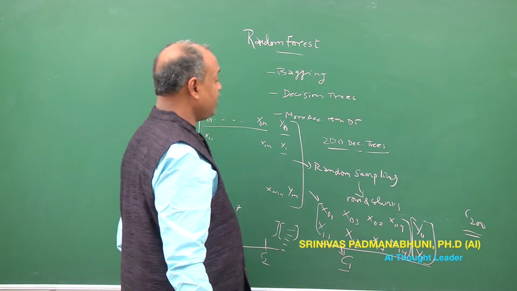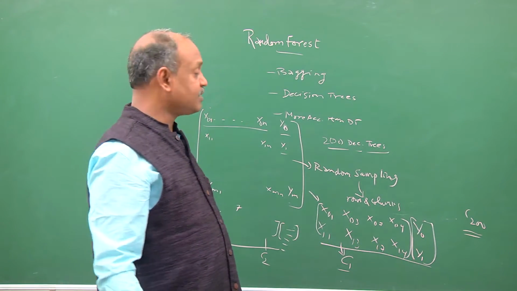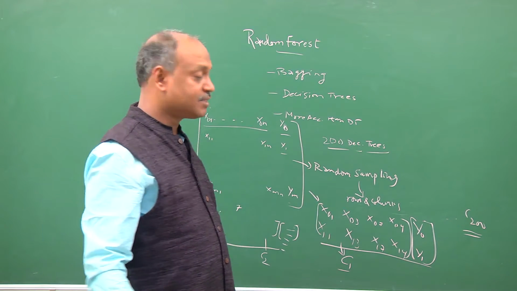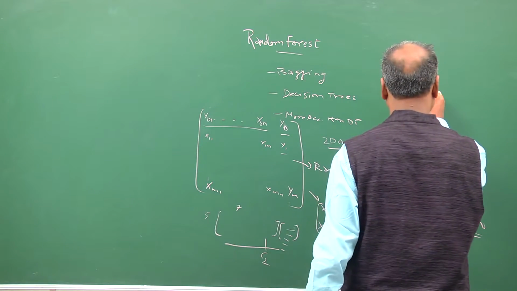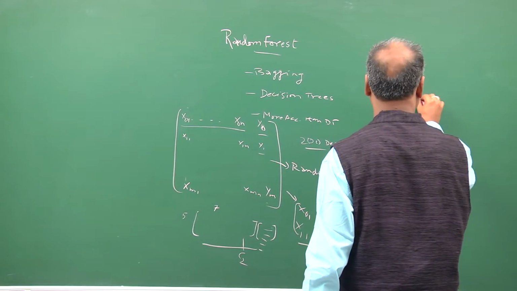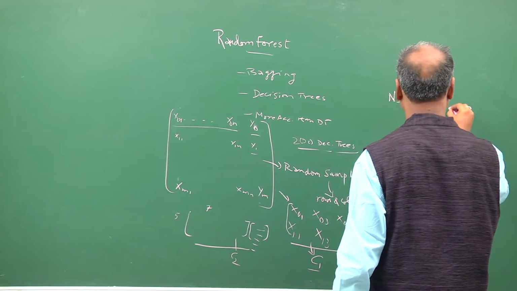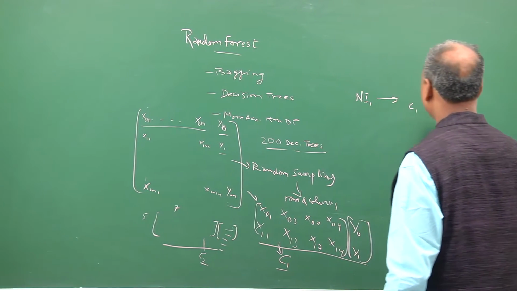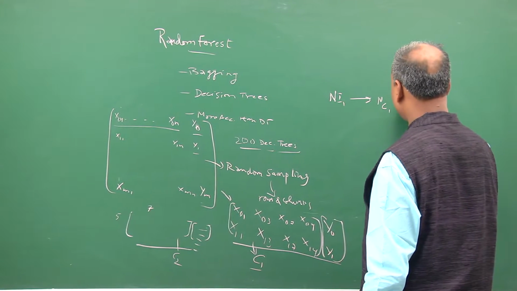So in order to get the actual result when a new input comes in, you take the new input and find out the class corresponding to the first classifier.